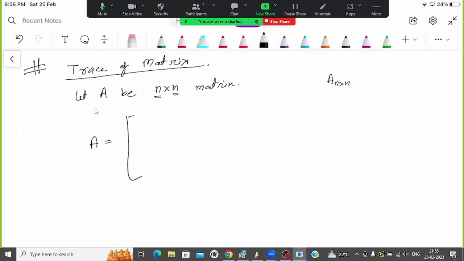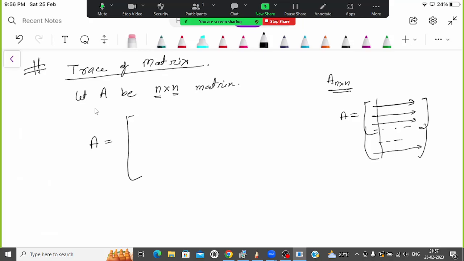What does it mean? Means this matrix having n number of rows. This is first row, this is second row, this is third row, dot dot dot, n row.